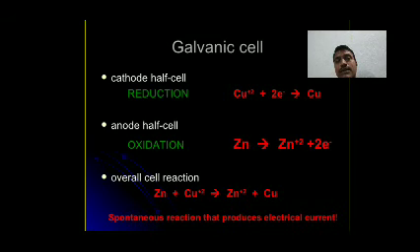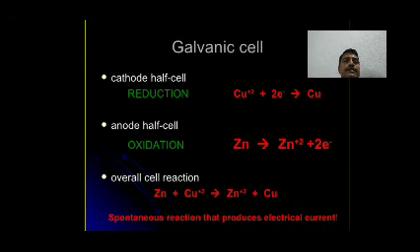Zinc plate forms Zn plus 2, increasing positive ions in the anodic half of the cell. Those zinc ions are balanced by the transfer of sulfate ions from cathode to anode.